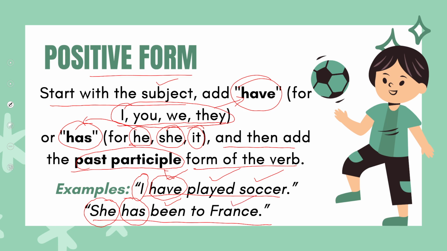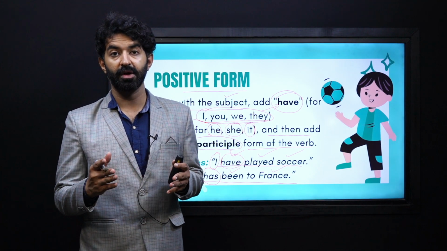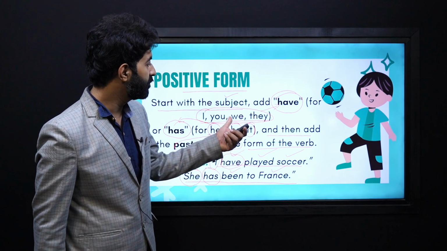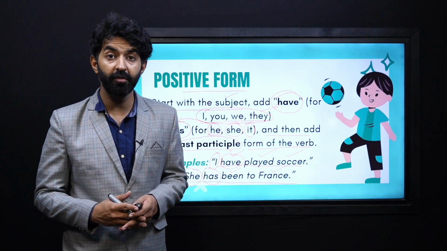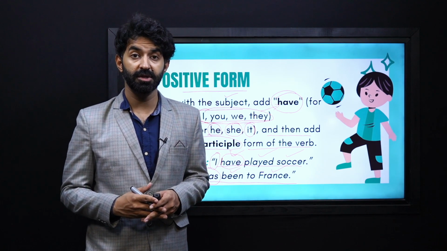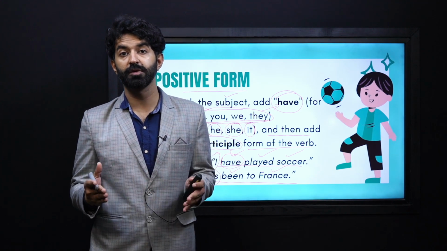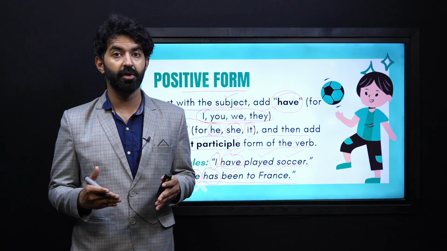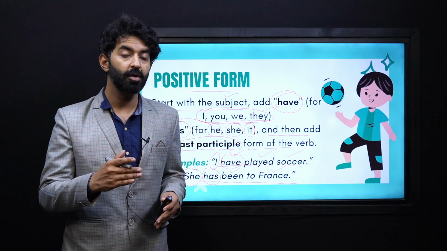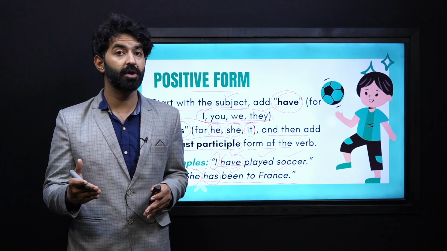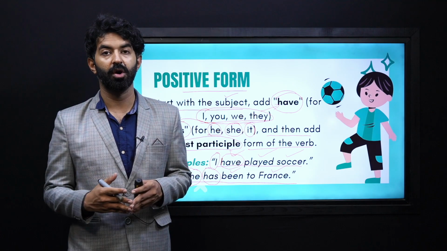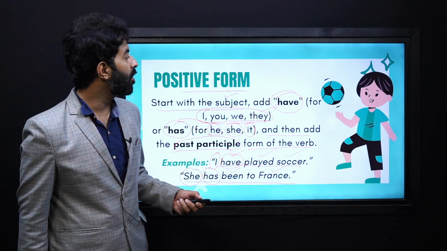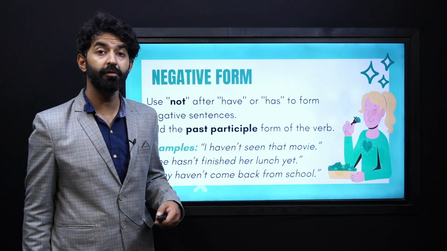So, you can clearly see in the examples that when you have pronouns like I, you, we, and they, you will use the word have, and when you have pronouns or subjects like he, she, and it, you will be using the word has as the helping verb. And then you will add the past participle of the verb followed by the object or any later part of the sentence. So this is how we form a positive present perfect tense.